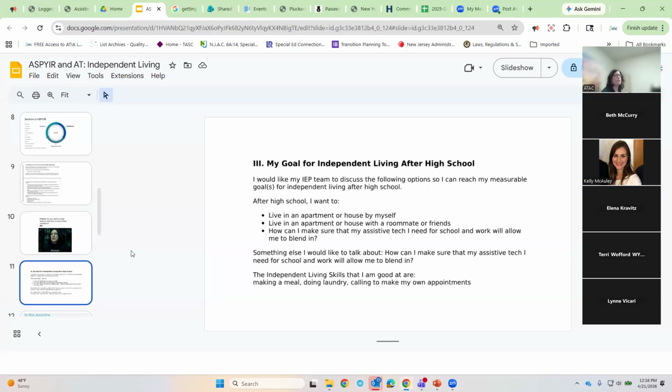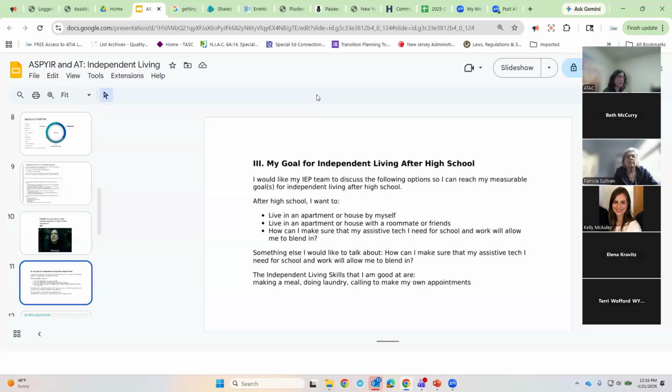So, this screen shows that the goals for independent living are listed here based on what the student has answered. After high school, this student wants to live in an apartment or house.